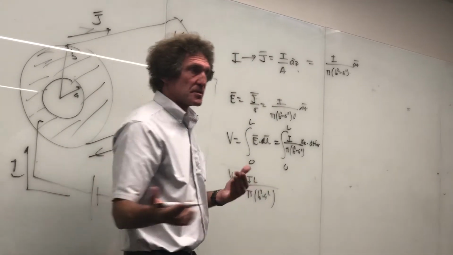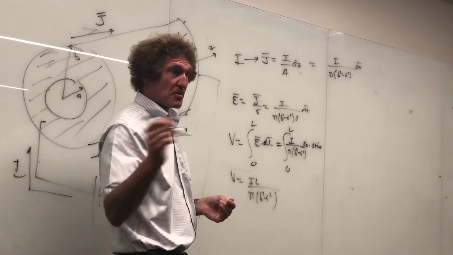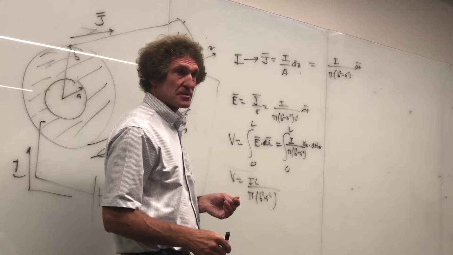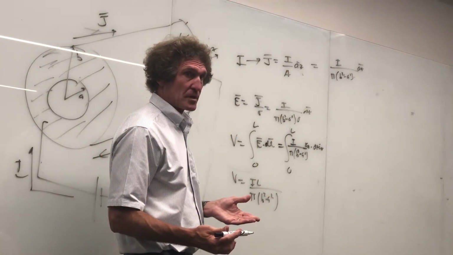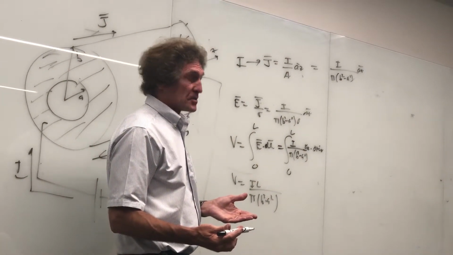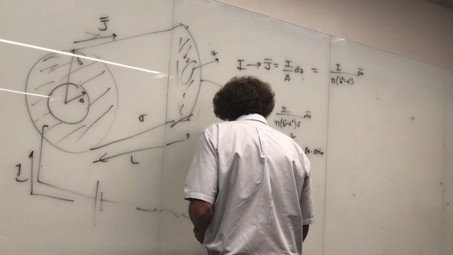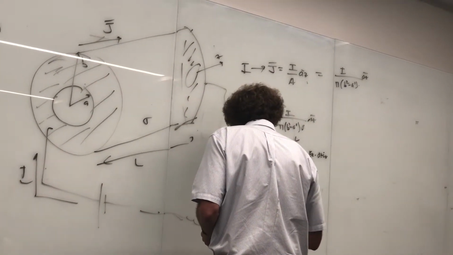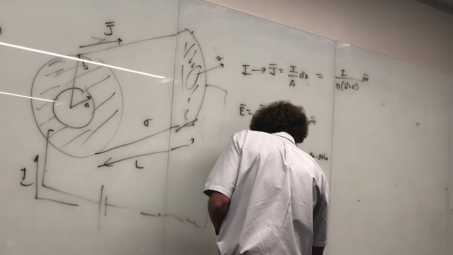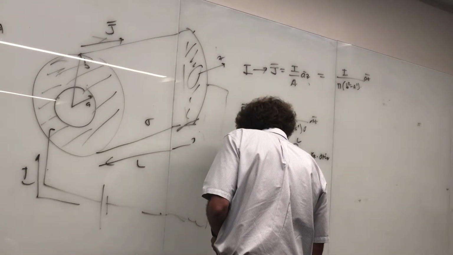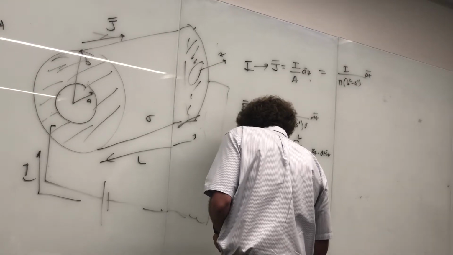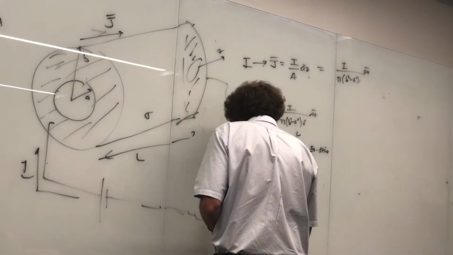To get resistance, if I've got voltage, I started by an assumption of current. To get resistance, what do I do? Just V by I is R, right? So I'd say R is equal to V by I, and that's equal to L. Oh, and that's times sigma, by the way. It's L over pi, B squared minus A squared sigma.